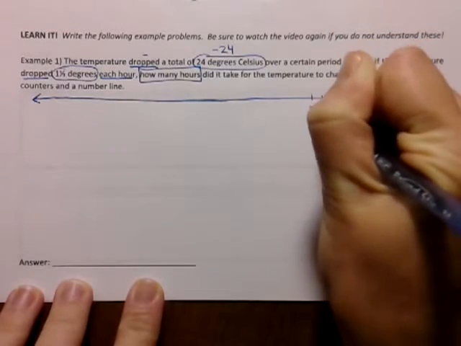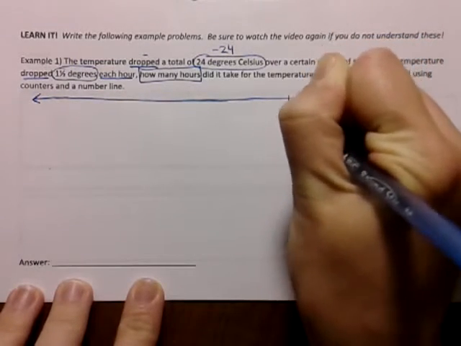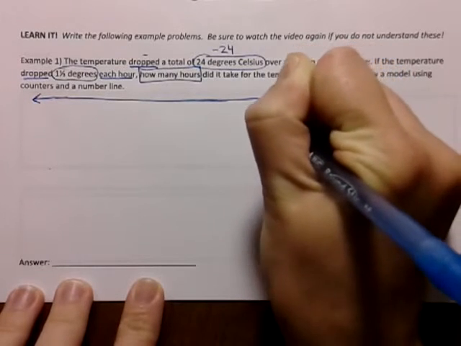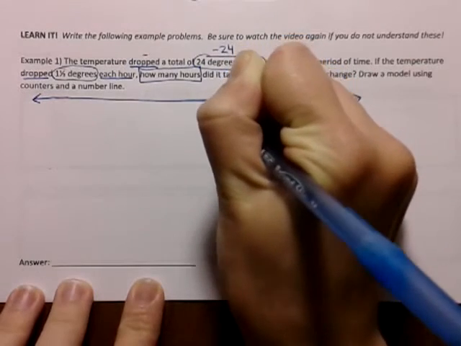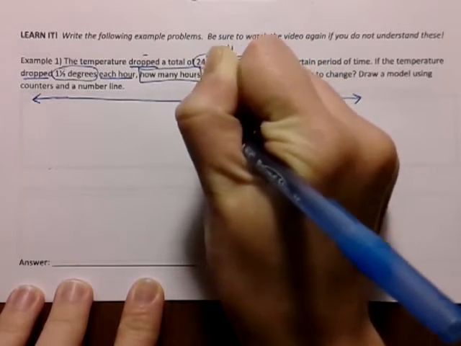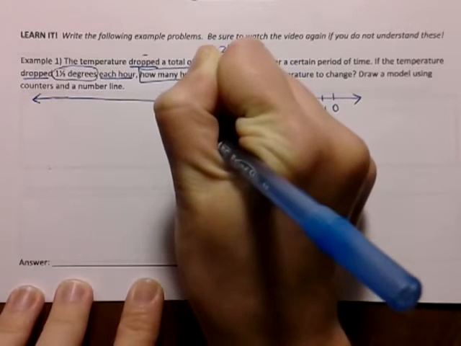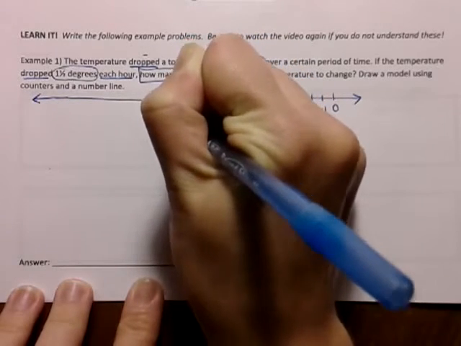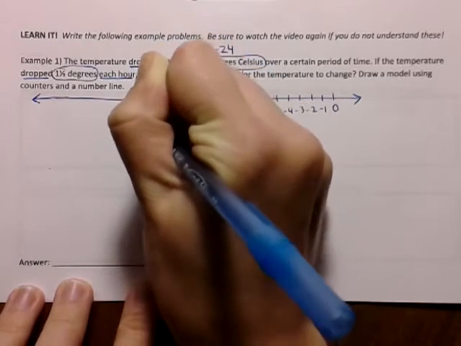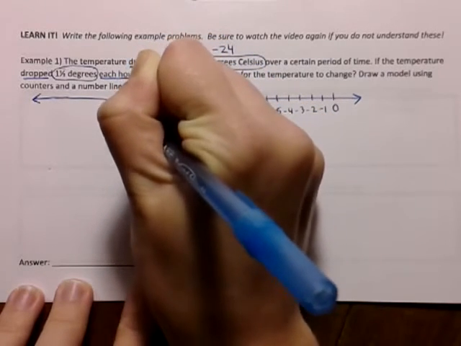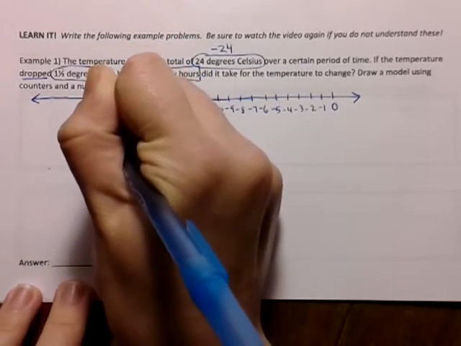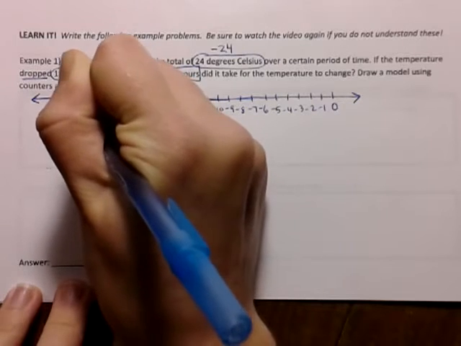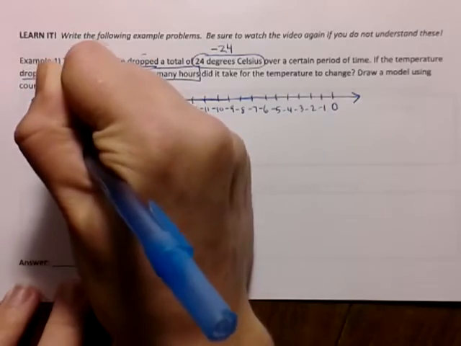So I'm going to write negative 1, negative 2, negative 3, and so on, counting all the way down through negative 23, and negative 24.